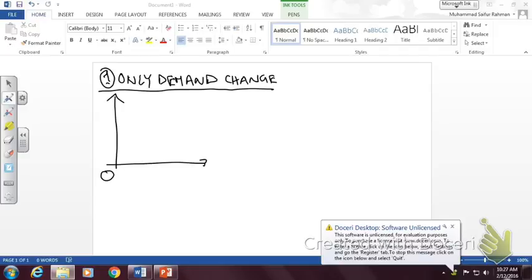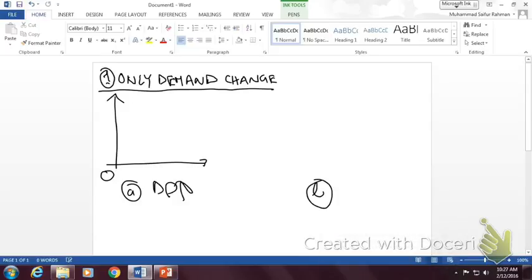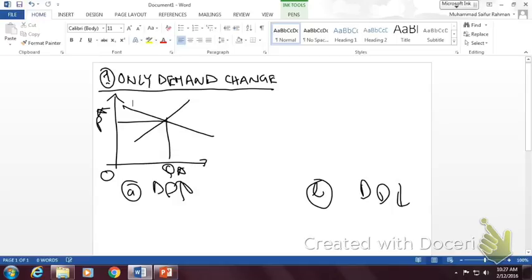Okay, so the one that we are going to look at is when your demand is increasing, and we are going to look at a situation where your demand is decreasing, and we want to see how it affects the market equilibrium. So let's imagine that we start with a position where the market is in equilibrium, P star and Q star.